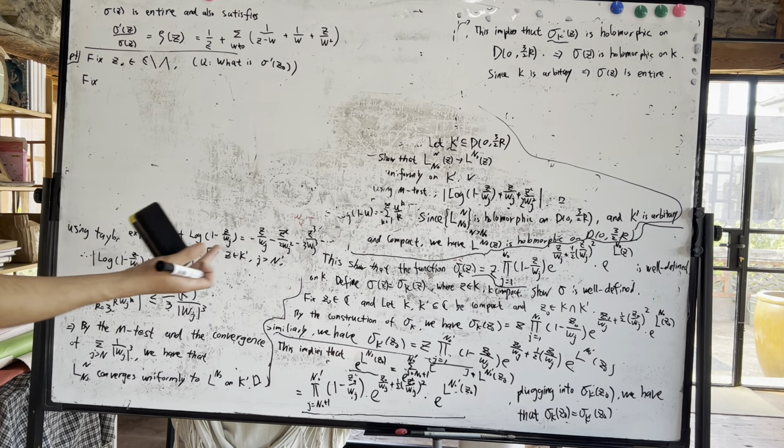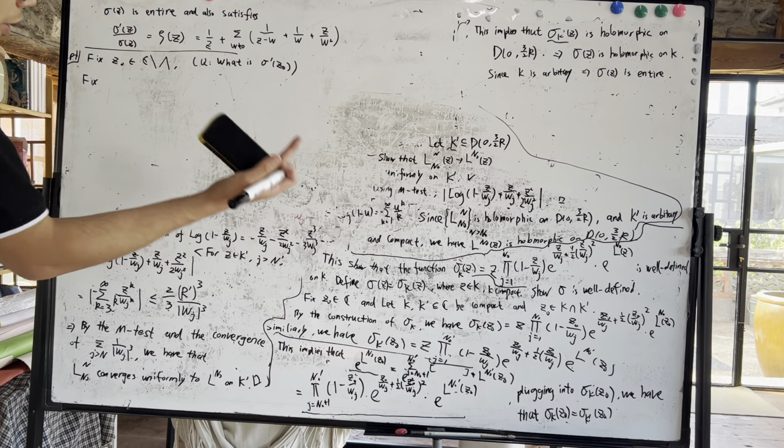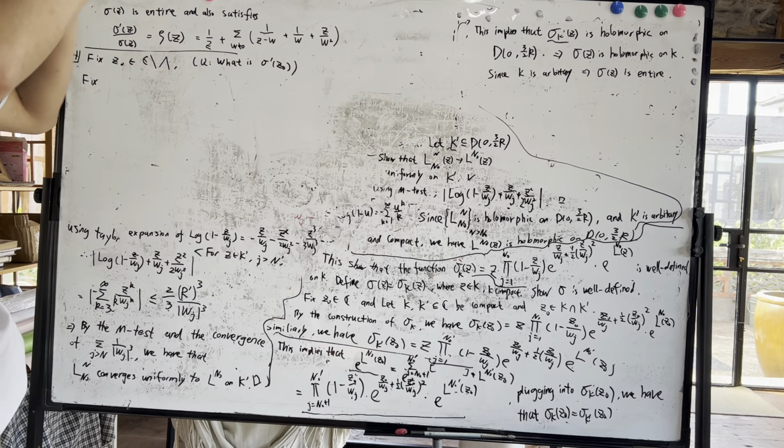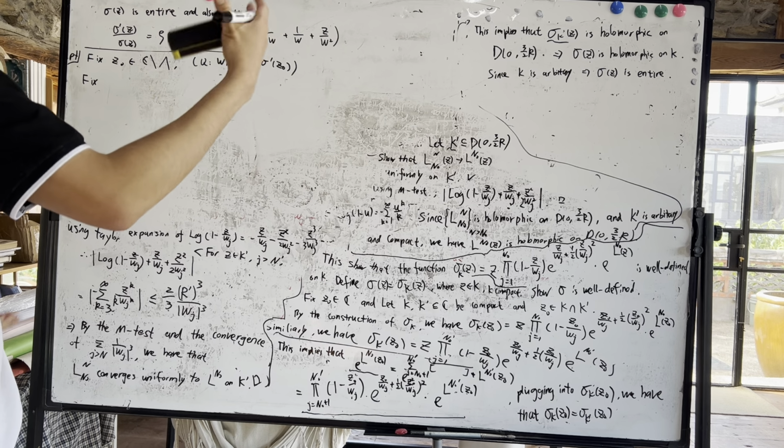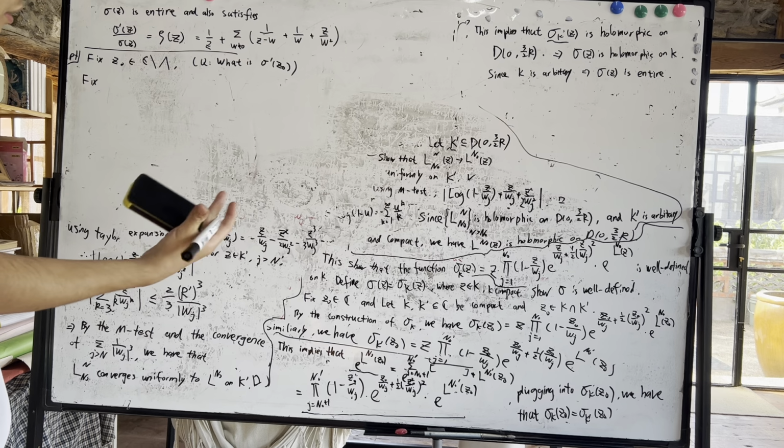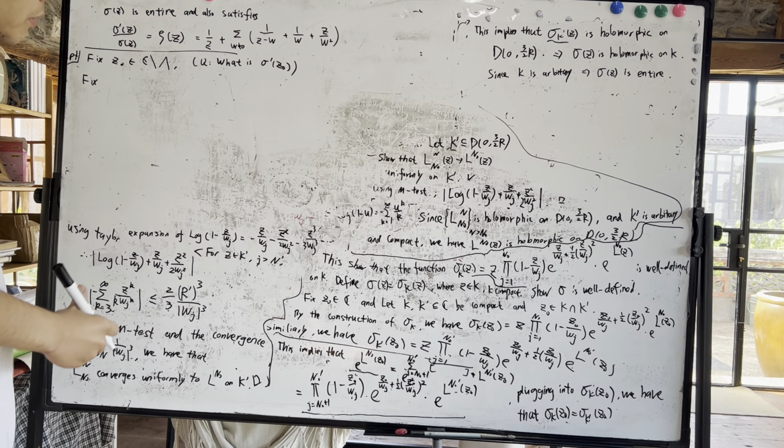I can't take an arbitrary K, because an arbitrary compact set might be just a closed interval, where we cannot really formally see the derivative on this compact set K.